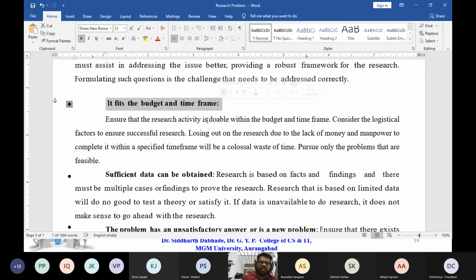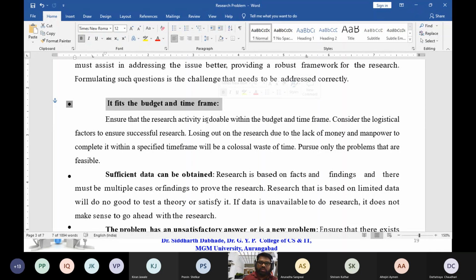So if you have selected a research domain that requires too much budget or too much money to complete your research work, at that time also you are not able to perform your research work due to the lack of money, right? Sometimes due to the lack of manpower also you are not able to do your task within the stipulated time.